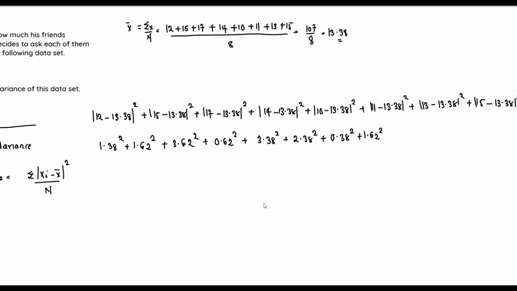So everything is going to be divided by the size of the data, and that is going to be 8.